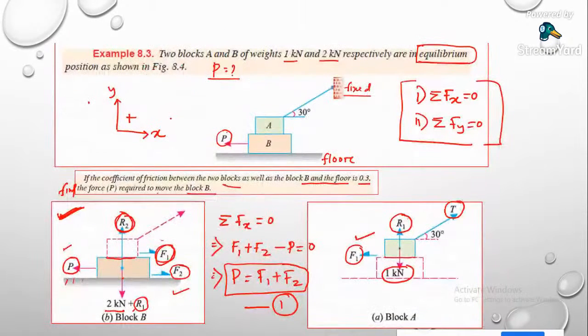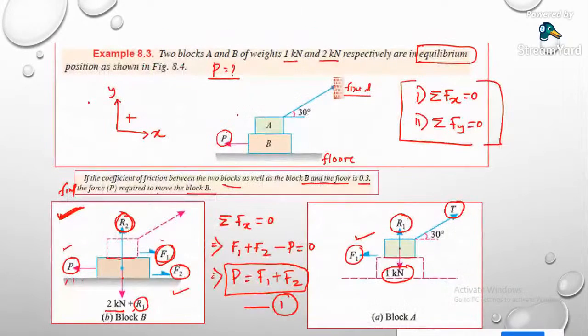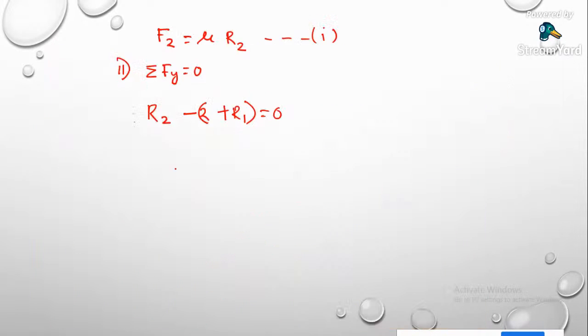So R2 minus 2 kilonewton minus R1 will be equal to 0. No other forces are acting. So R2 will be equal to 2 plus R1.